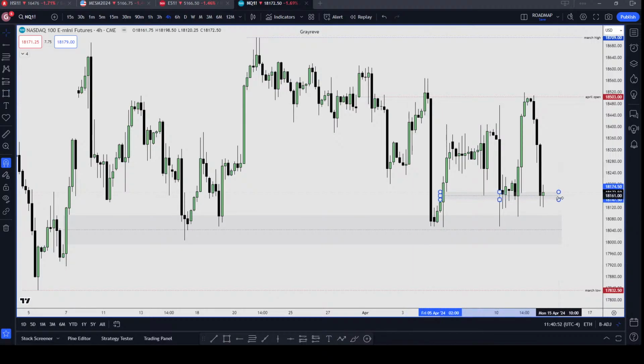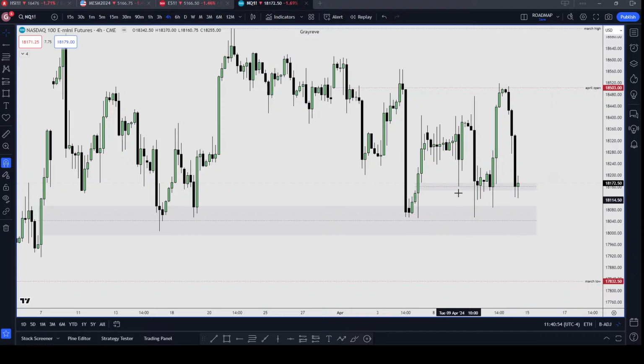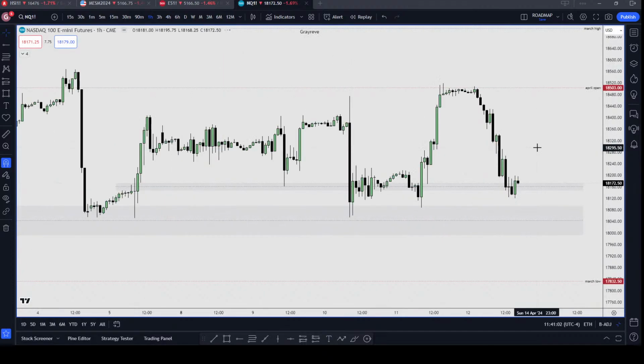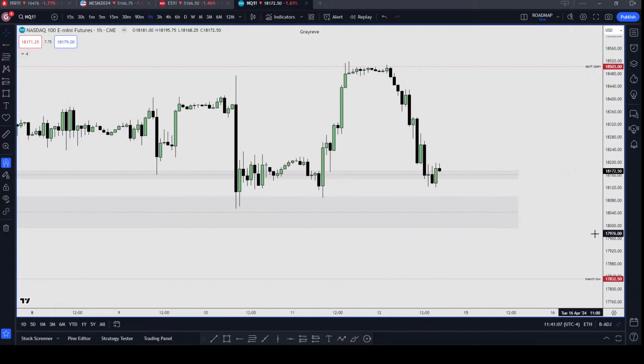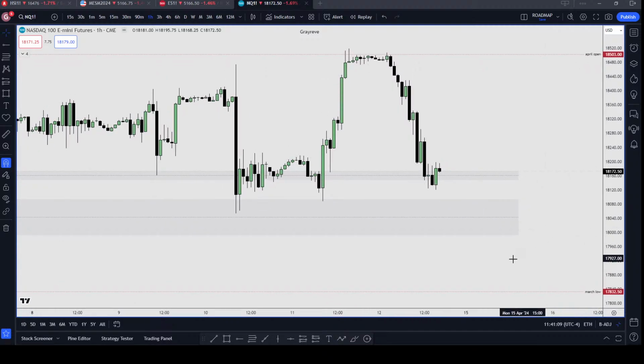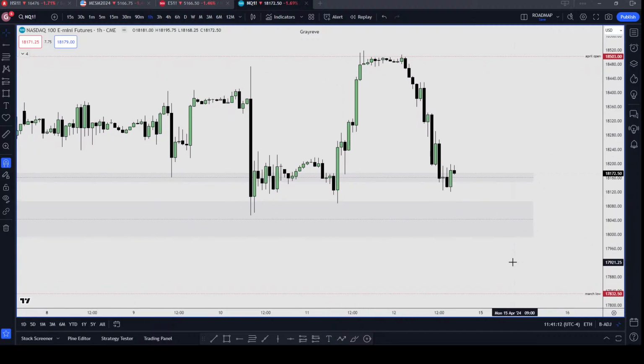So right here, and then we have CBs above. Heading down into the lower time frames on the 1 hour, we have this BPR, inversion fair value gap. Alright, so I'm going to use this inversion fair value gap, right?